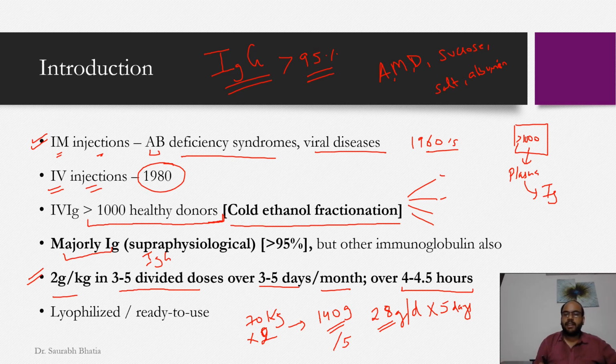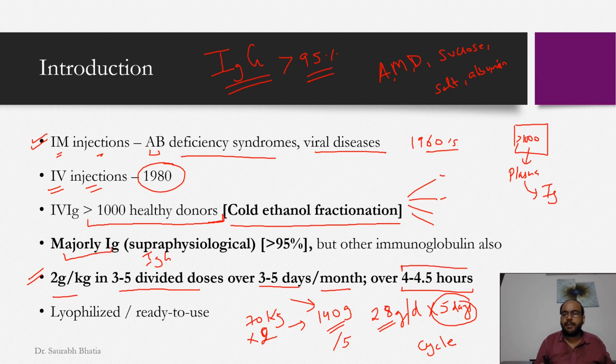And these 5 days are what is known as a cycle of IVIg. If you're giving it over 3 days, then this has to be divided by 3, and you get the amount of IVIg for 1 day, and you give it over 3 or 5 days. This collection of days is known as one cycle, and you have to give one cycle every month.